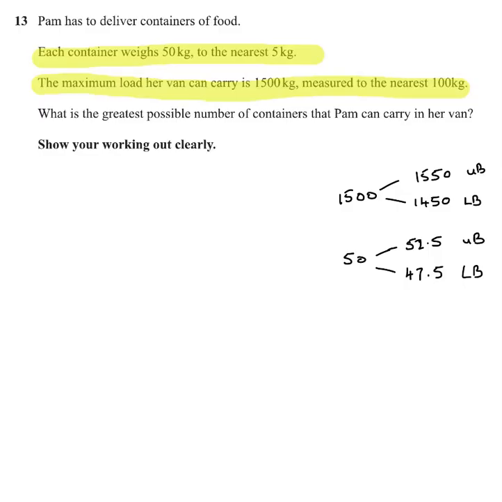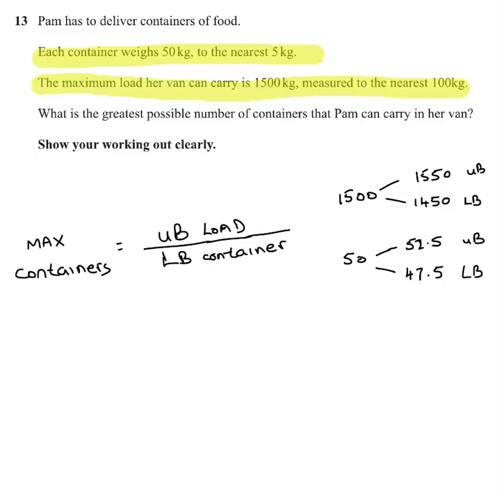So the question says, what is the greatest possible number of containers that Pam can carry in her van? To get the maximum amount of containers, we need the upper bound of the load her van can carry, which is 1,550, and the lower bound of the container, so this one here, 47.5.